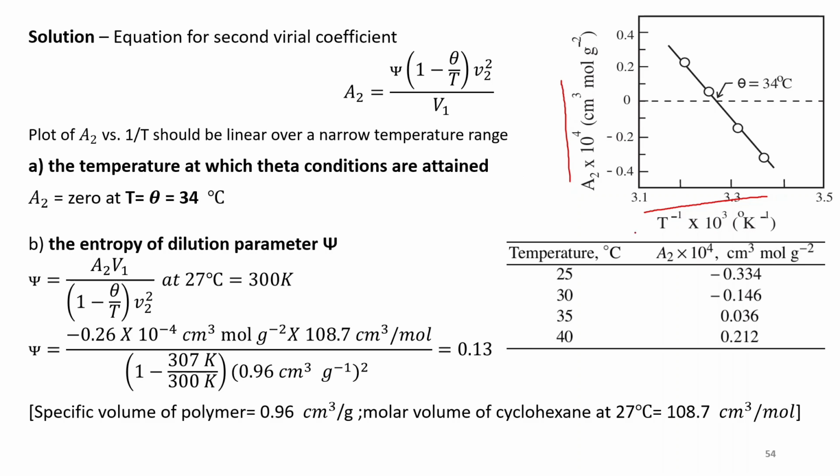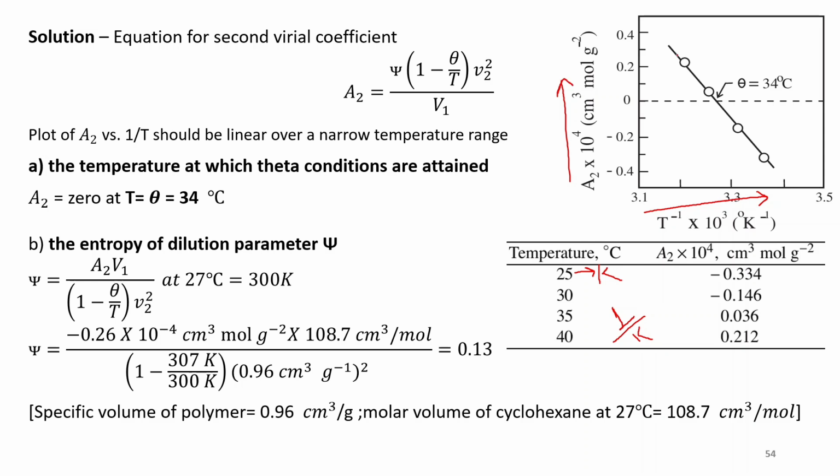We already know the temperature values in degrees Celsius. We can convert them into Kelvin first, right? When we convert to Kelvin, we will take 1 upon T, 1 upon the Kelvin value of the temperature. So these values will be plotted on the x-axis, and A2 will be plotted as it is on the y-axis.